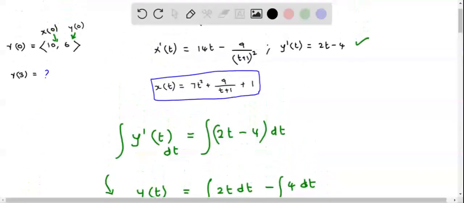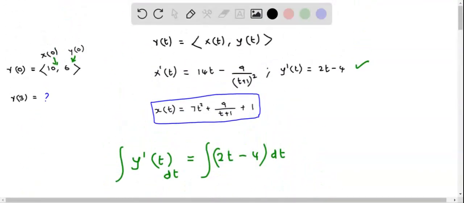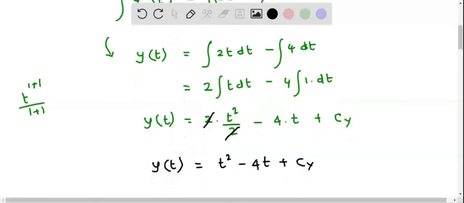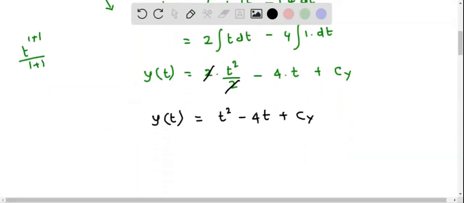Now we will utilize the initial condition, that is y of 0 equals 6. So let's use that and plug it into this equation. We have y of 0 equals 6. That means at t equal to 0, y of t equals 6. So when we put t equal to 0 here, this becomes y of 0, and this equals 6.